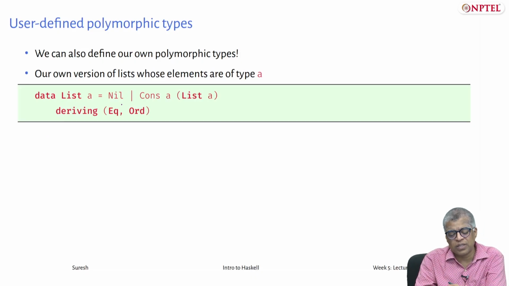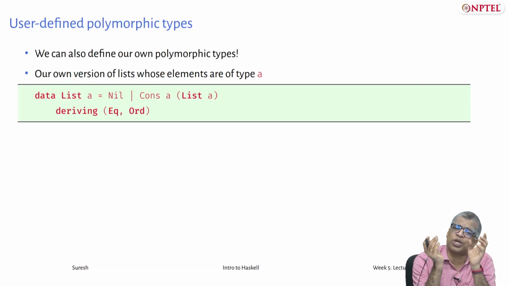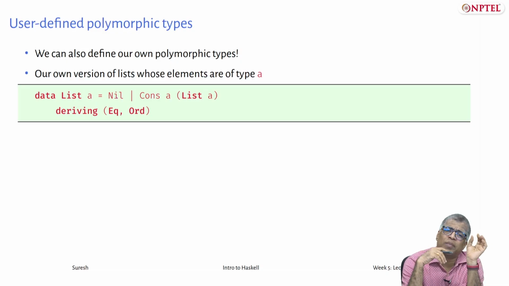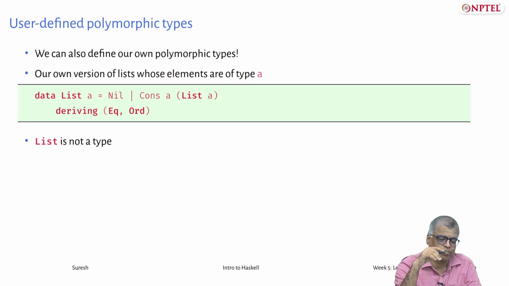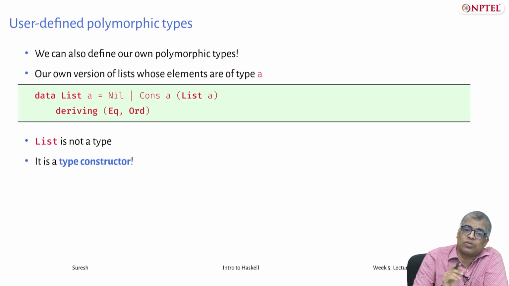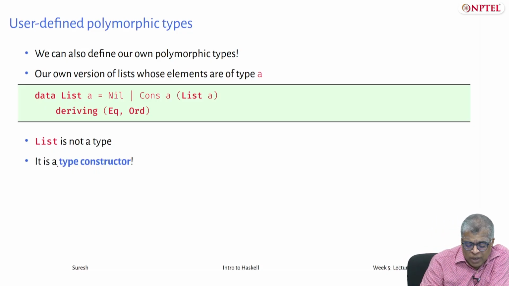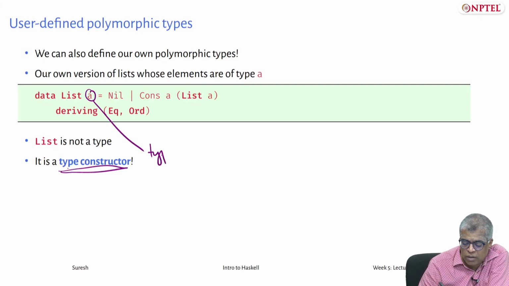data list A is either nil, which corresponds to the empty list, or it is the construction of a list by adding one element of type A to a list of type list A. Okay. List is not a type, this is the important point, but it is a type constructor, because there is a type parameter here.